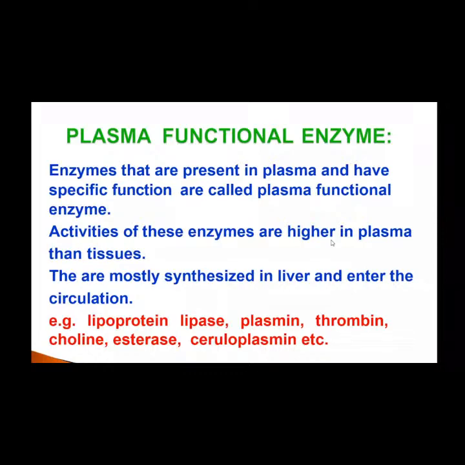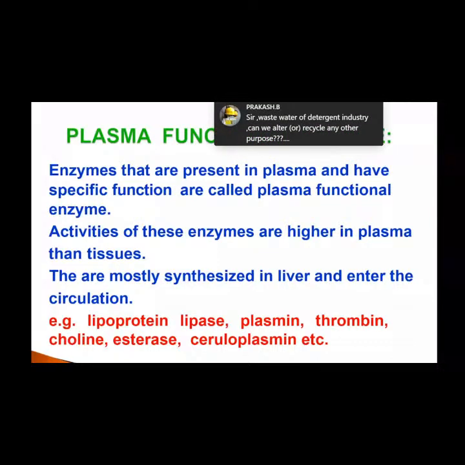So this plasma functional enzyme. There are two fluids which can be produced from blood: one is serum, and another one is plasma. These things are very useful for biomedical students and also pharmaceutical engineering students. When we add an anticoagulant, we get plasma.